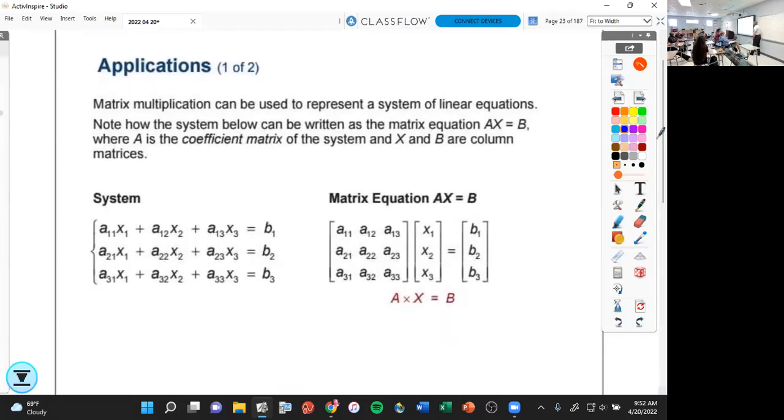I can take a system of equations and write it as a matrix equation. And this is what it looks like. Here's the system of equations. And here's what it looks like as a matrix. Notice the constants, basically that's just a matrix. This would be your coefficient matrix here. And this right here would be your variable matrix.